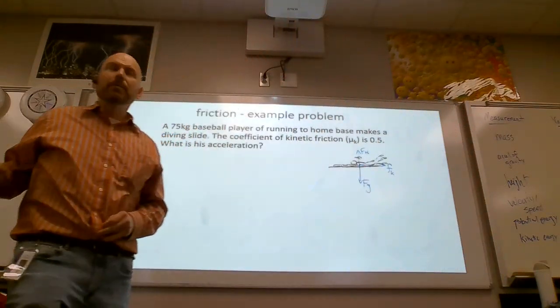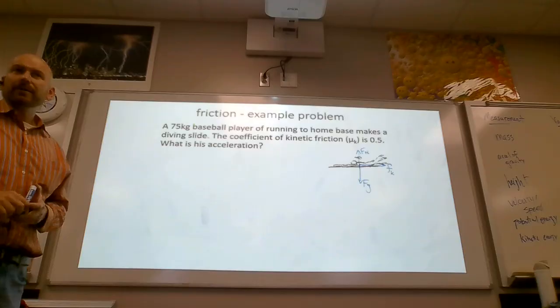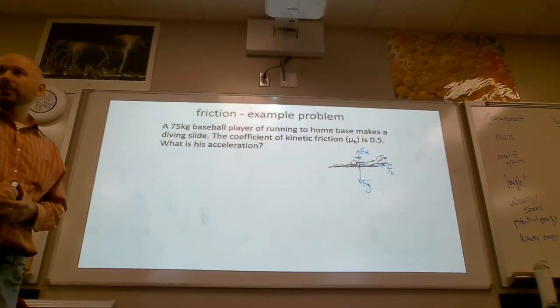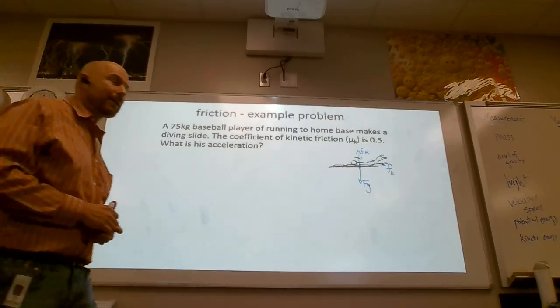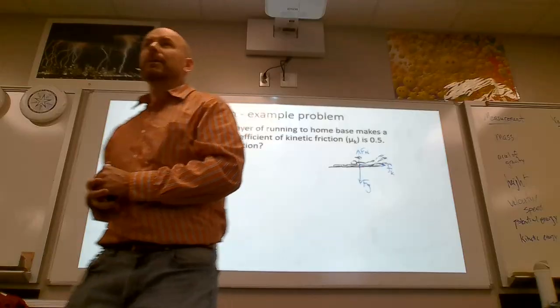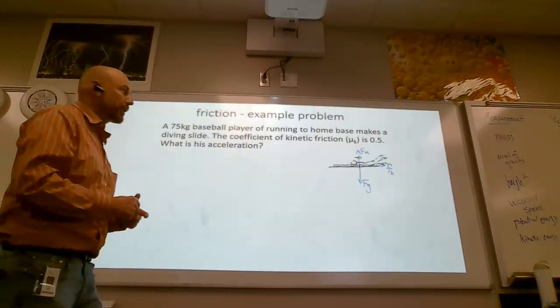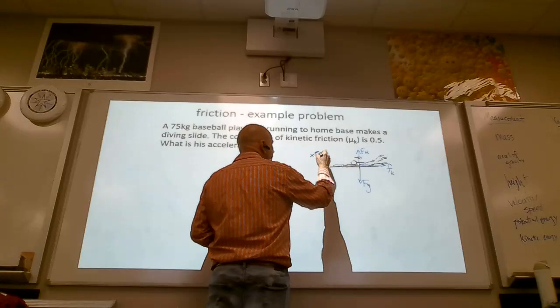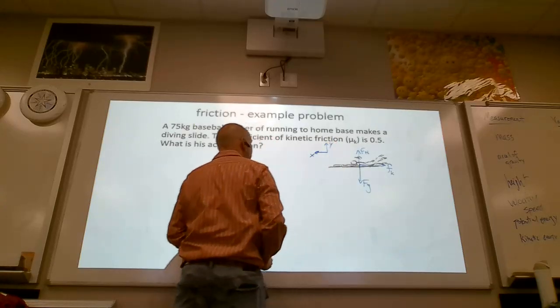What's enabling him to move to the left? It's inertia. This is put in motion. He did exert applied force when he jumped, but after he jumped, it's just his inertia carrying him. So that's your free body diagram. I'm going to make to the left positive X, up positive Y.